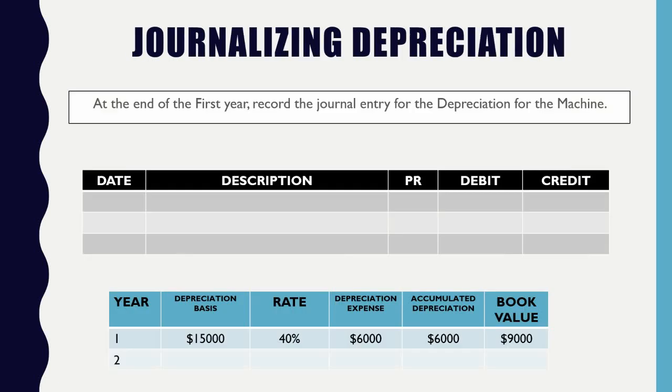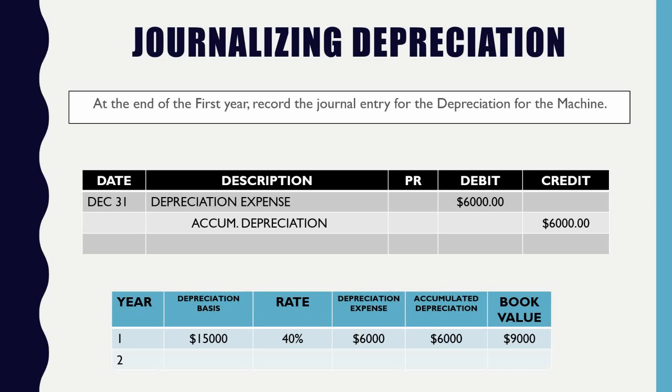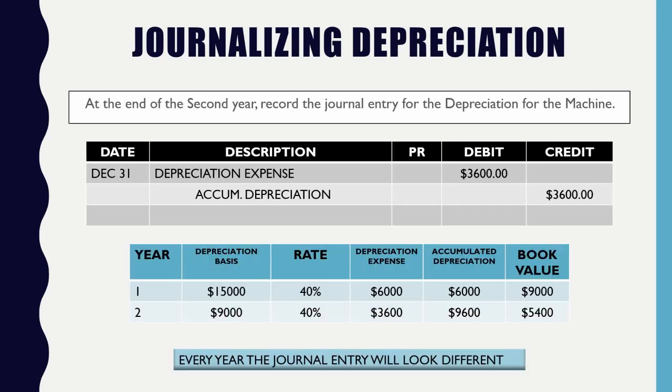Okay? So let's go ahead and journalize that first adjustment entry that we need to do for the first year. In this case, we have our table down below. We solved for $6,000. So that's what you're going to do: depreciation expense and accumulated depreciation for $6,000. Okay?